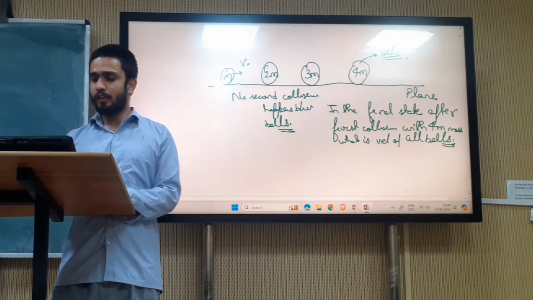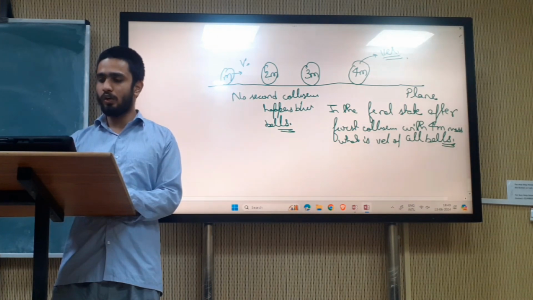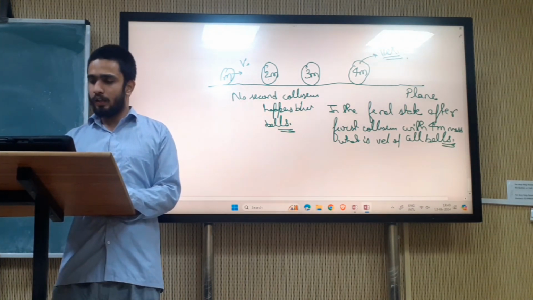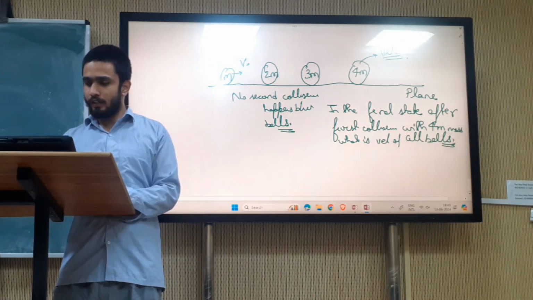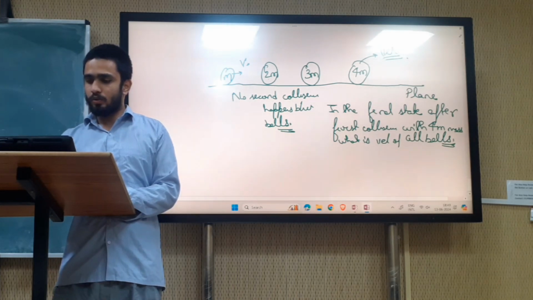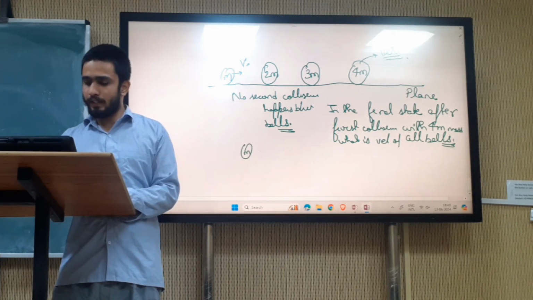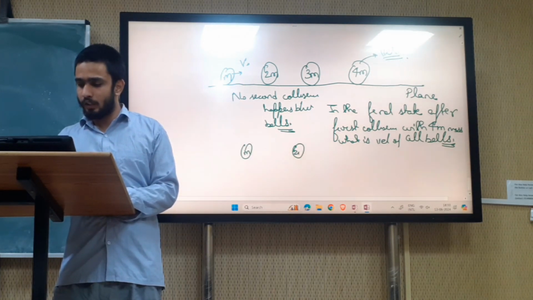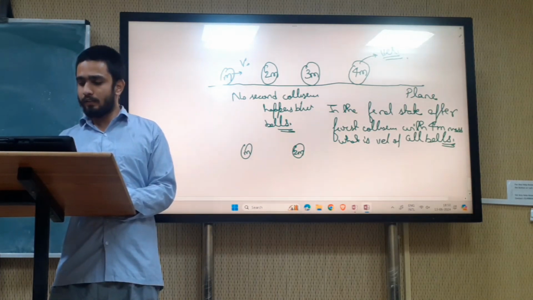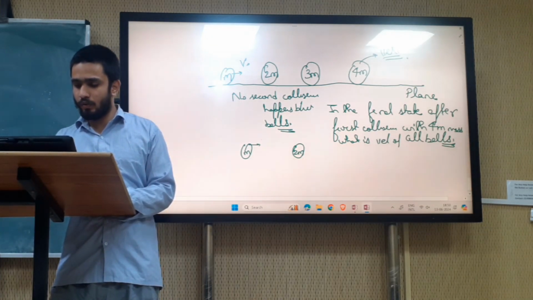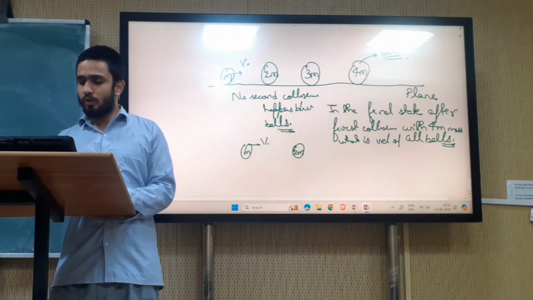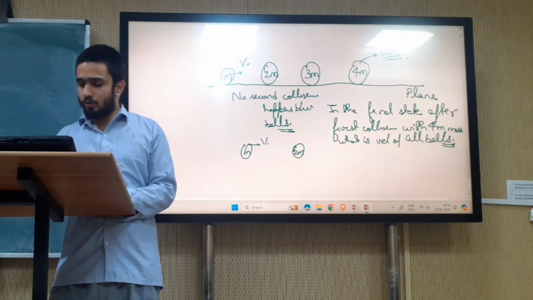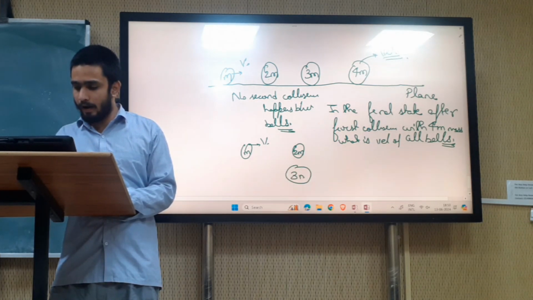When this collides with this, what is the velocity of mass 2m? Suppose this is of mass m and this is of mass 2m. When this collides with this with velocity v, the combined assembly will form a mass of 3m.